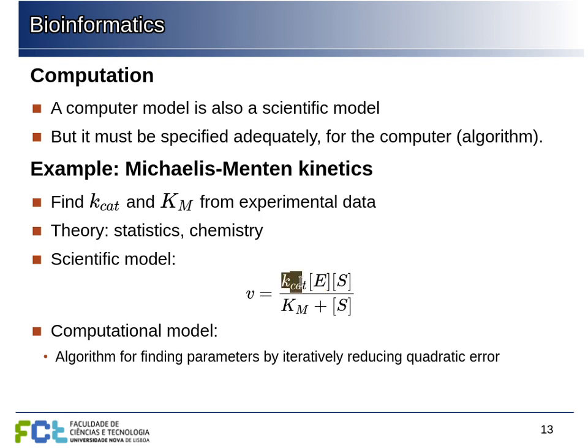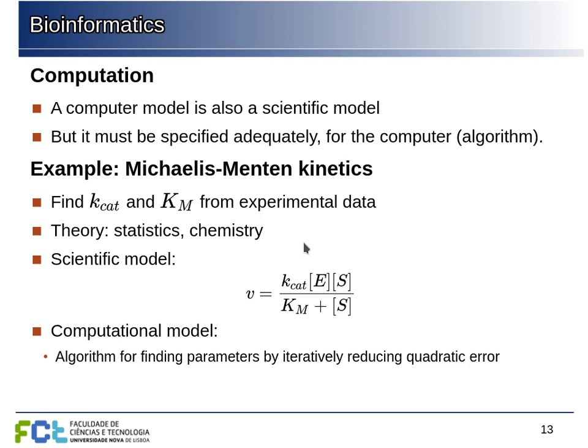So the catalysis constant gives us the maximum possible velocity, and this Km gives us the concentration of substrate at which the velocity will be 1/2 of the maximum. So this would be our scientific model.